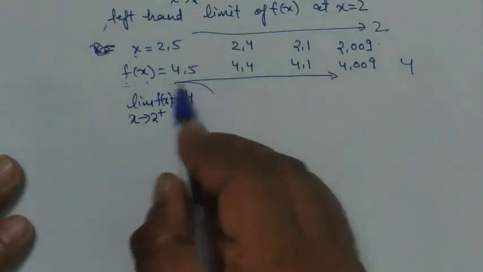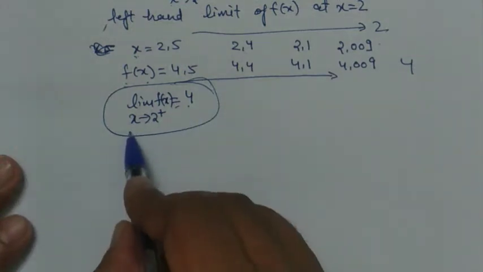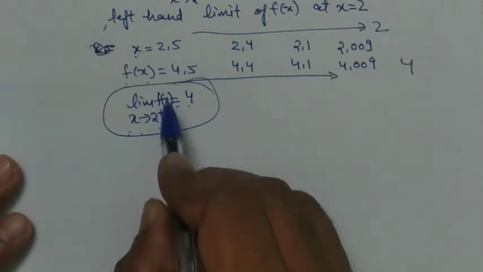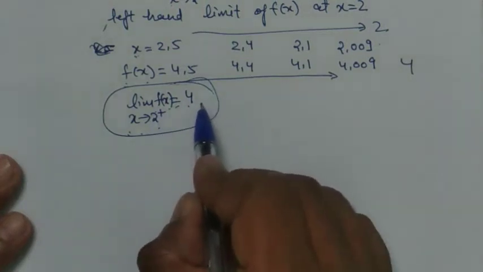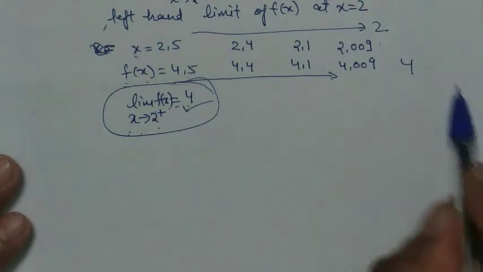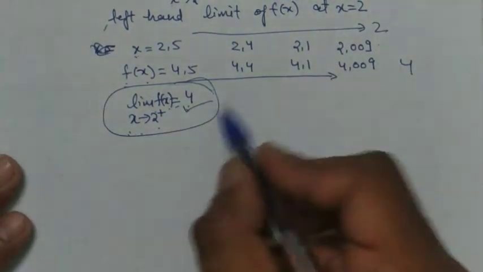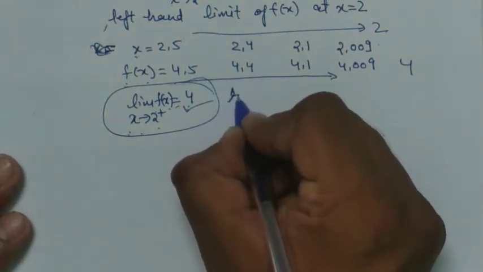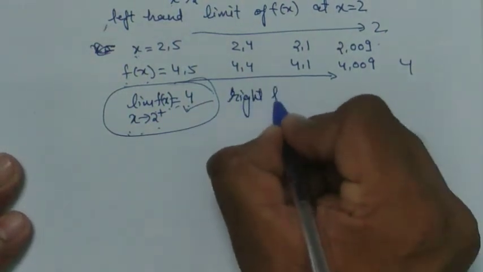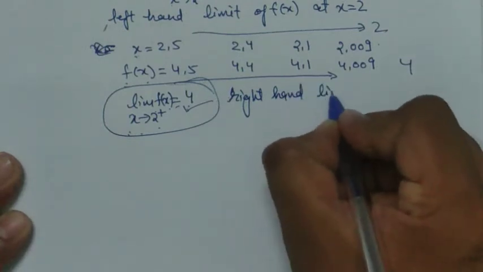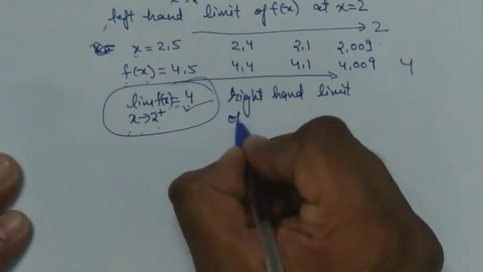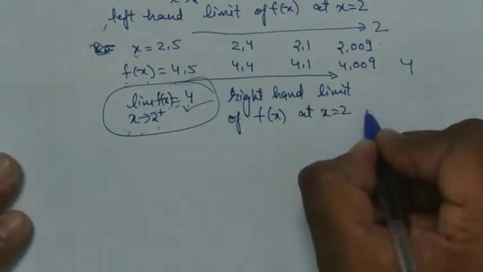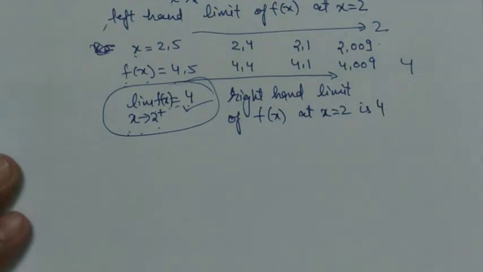This expression shows that when the value of x decreases and comes closer to 2, the value of f(x) comes closer to 4. And it can be read as: the right hand limit of f(x) at x equal to 2 is 4.